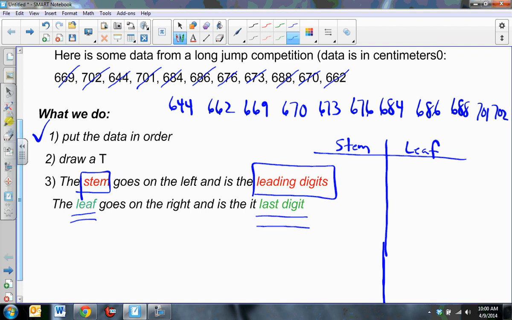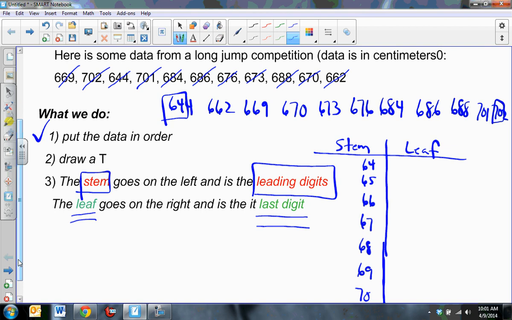Because this is our last stem, and this is our first stem. Okay, so I can't skip any. Even though I don't have a 65 here, I need to put it in my stem graph. So I'm just going to go all the way to my final stem, which is 70.